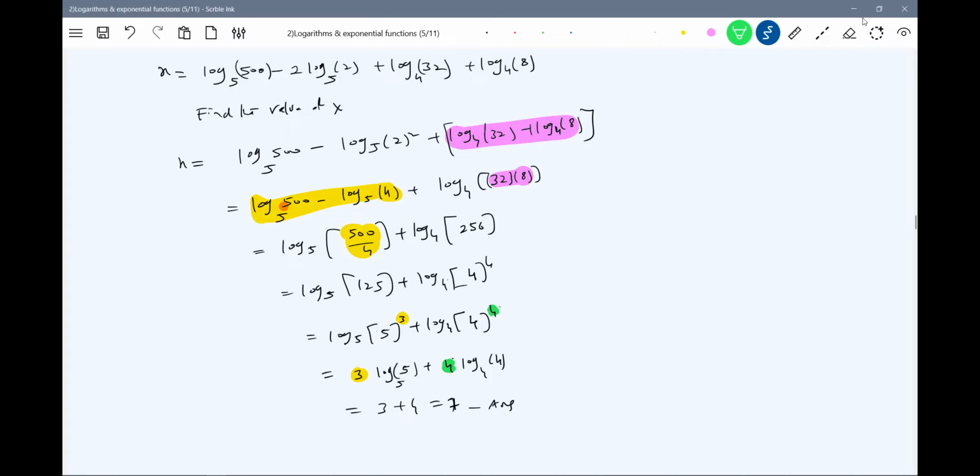Log 4 to the power of 4 to the base 4 we can write as 4 into log 4 to the base 4. So log 4 to the base 4 will become 1, log 5 to the base 5 will be 1. So 3 plus 4 will be 7.